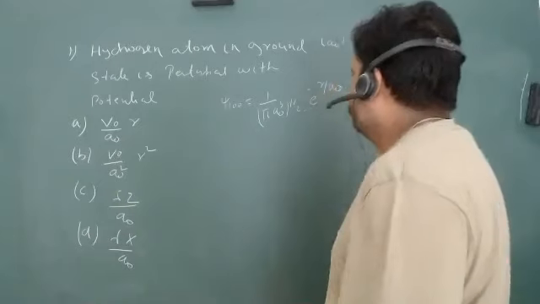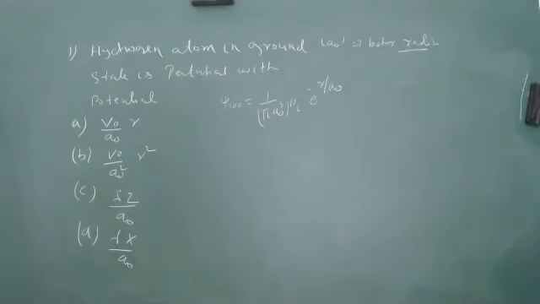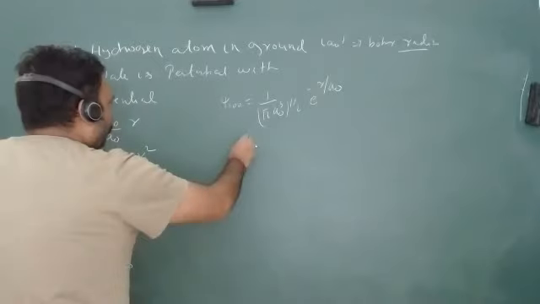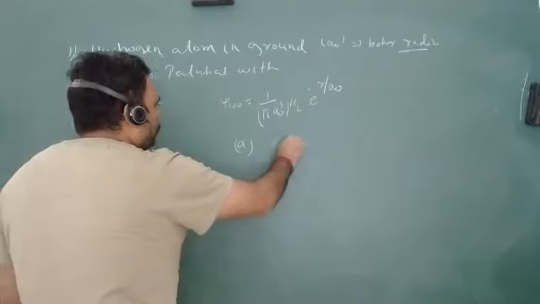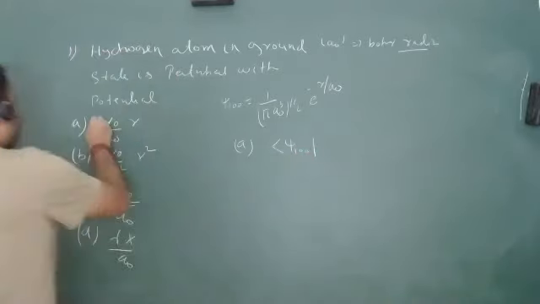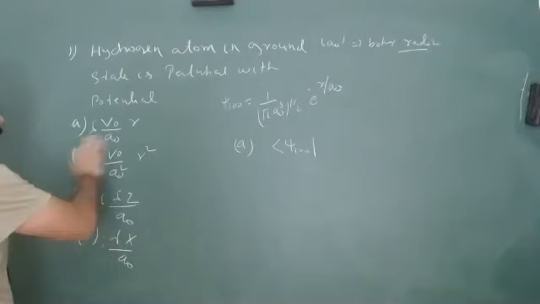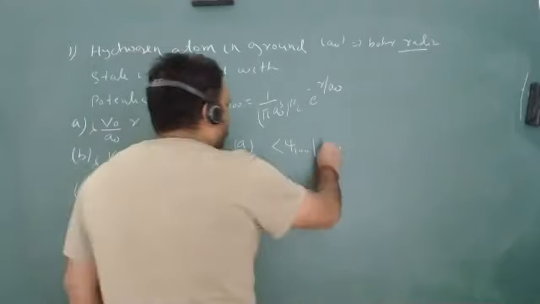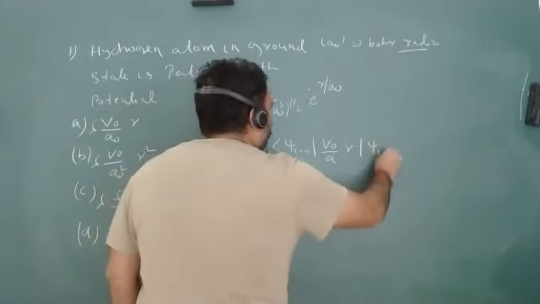Okay, let's go. What will be the first answer? You have to calculate psi 100, V naught, R, psi 100. I'll take the lambda everywhere. So what will be this one? This one is V naught by a R psi 100.